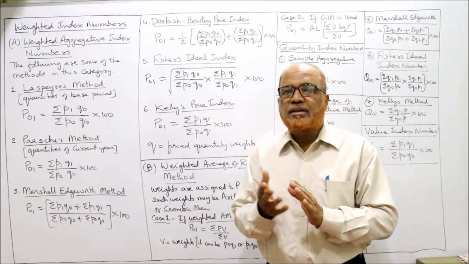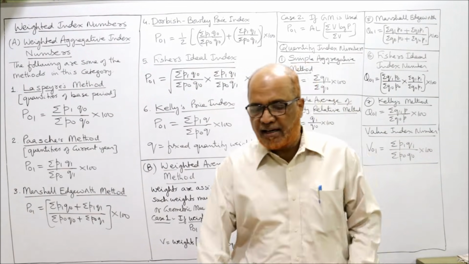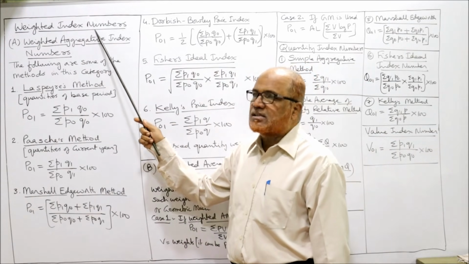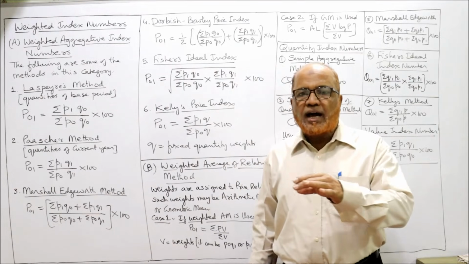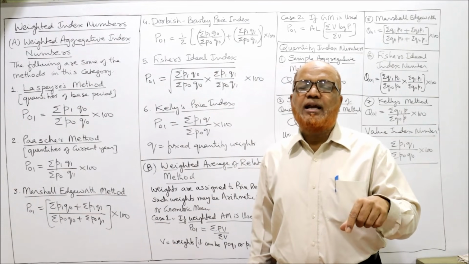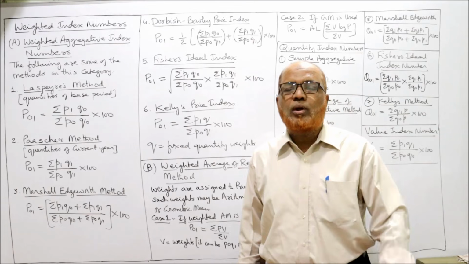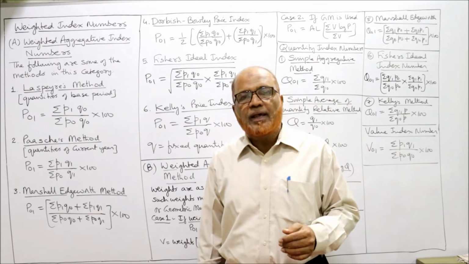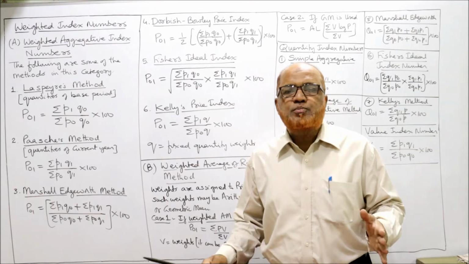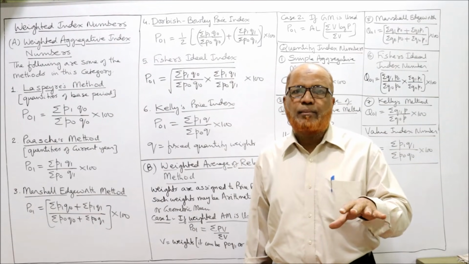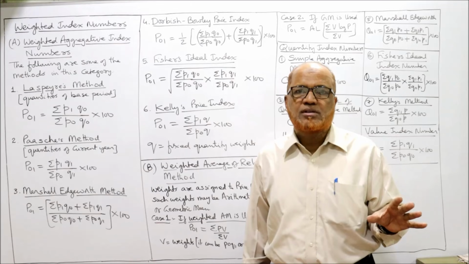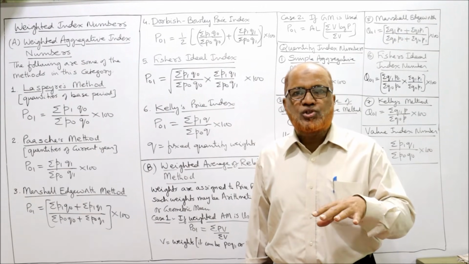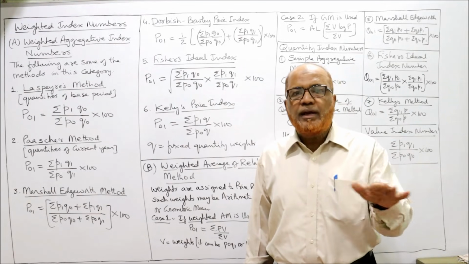Now the second method is weighted index numbers. Now I am going to discuss about the weighted index numbers. When all the items included in calculating index number are not of equal importance, some items are more important, some items are less important. For example, the expenditure incurred by a family on different items like food, entertainment, education and electricity bill, clothing will not be equal.